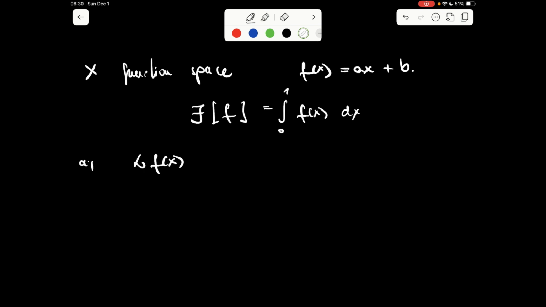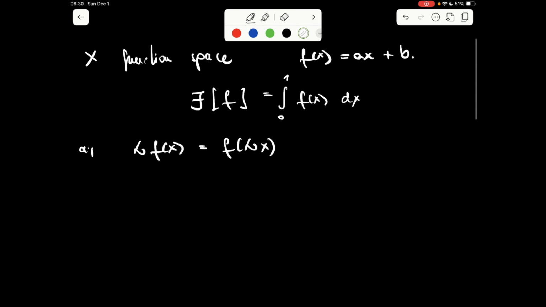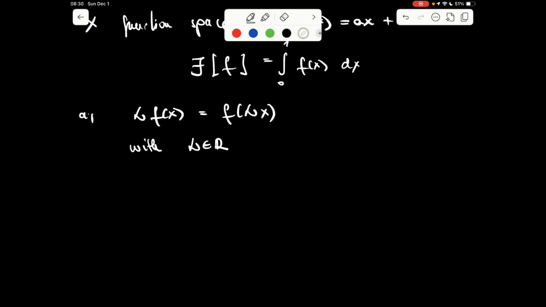So a function is linear if it has this property, and we need to check if the functions in X have this property. So with any real alpha, we need to check if this equality holds. If so, then functions are linear.